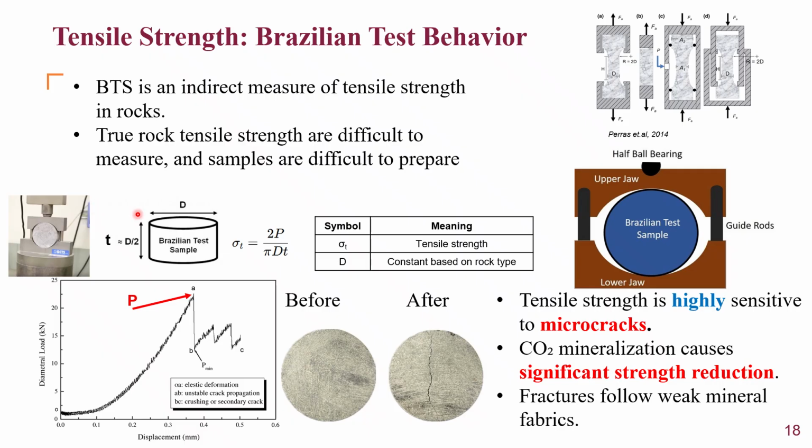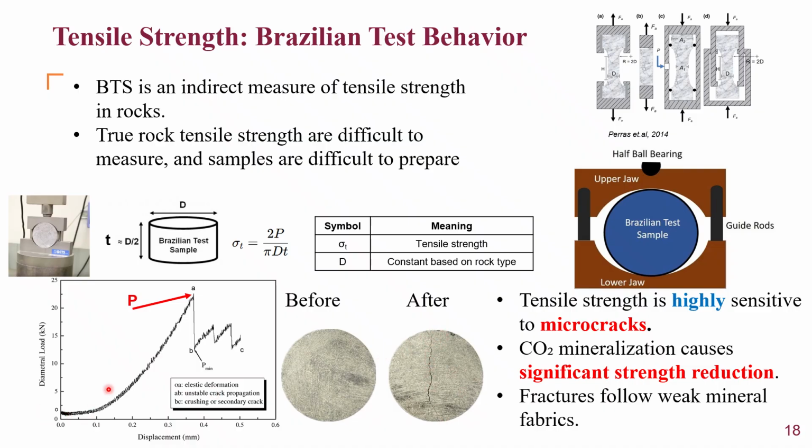Now, the rock is then compressed, maybe at a constant displacement or constant strain, until the rock fails or a tensile failure occurs. So you can see here before the test and after the test, the crack has formed.